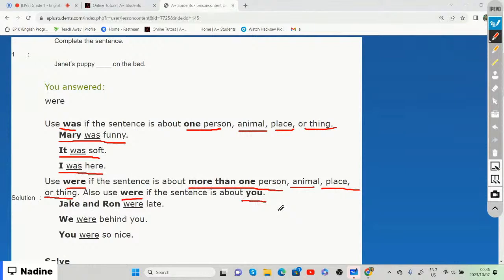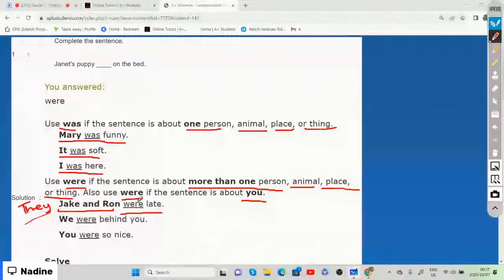And remember, we said that we use were to refer to more than one person, animal, place, or thing. For example, Jake and Ron were late. So Jake and Ron were late. That is two boys that were late, right? Or we can say they were late. And they referring to Jake and Ron.